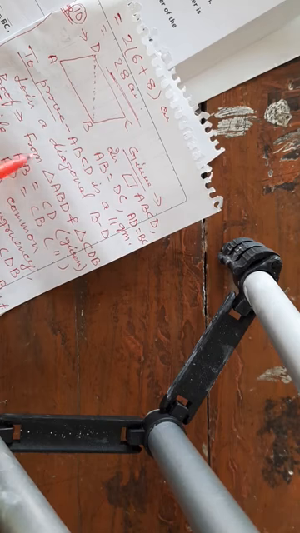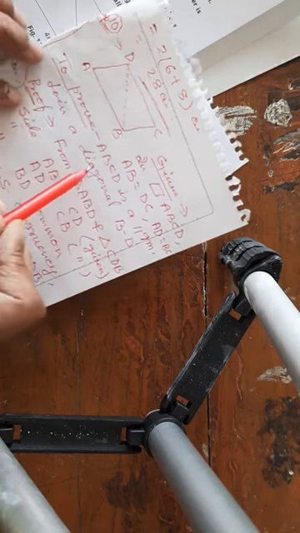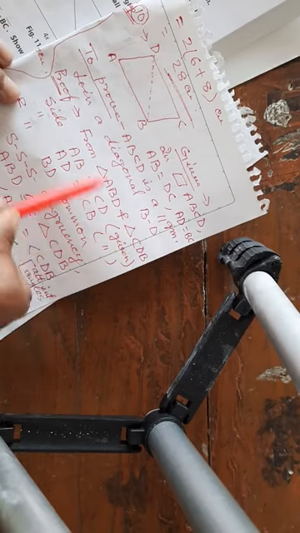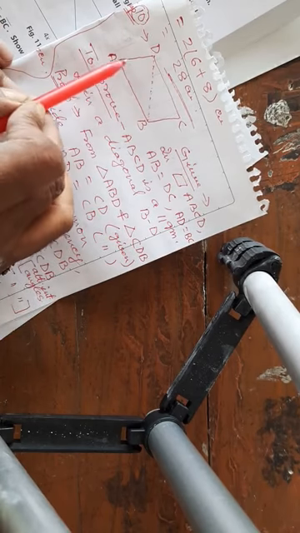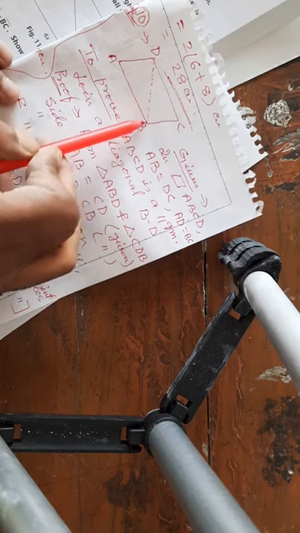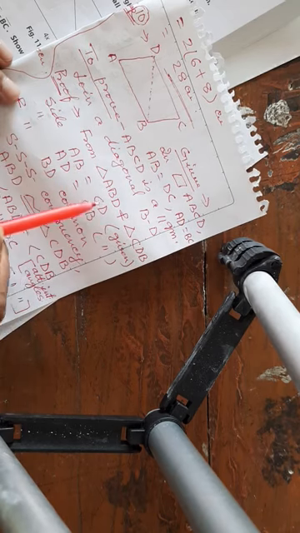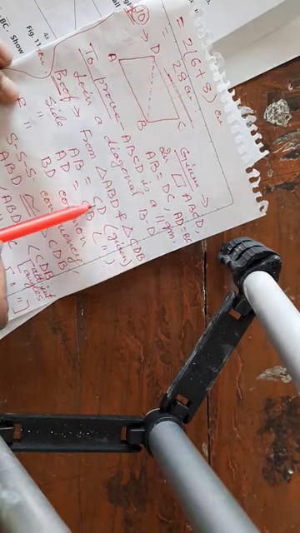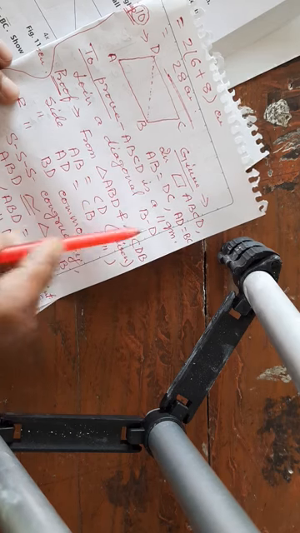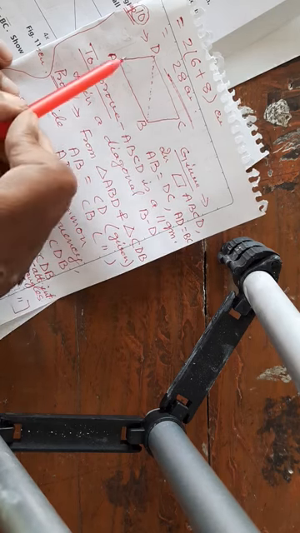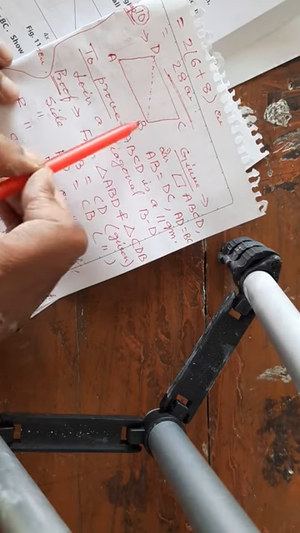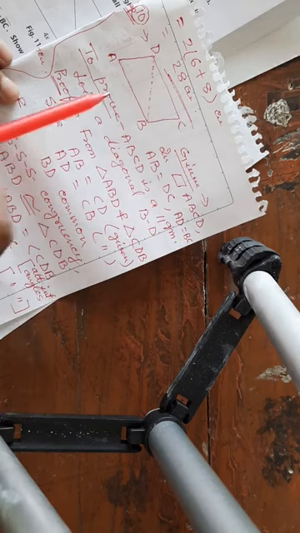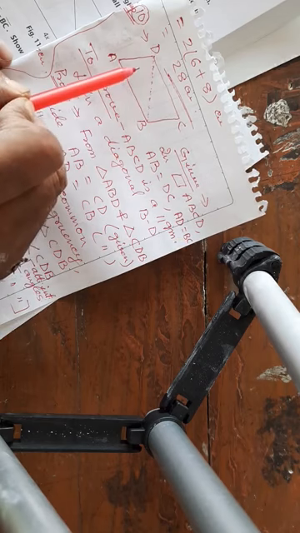So from triangle ABD and triangle CDB, side AB is equal to CD, it is given. Side AD is equal to CB, it is given. And side BD common for both triangles.